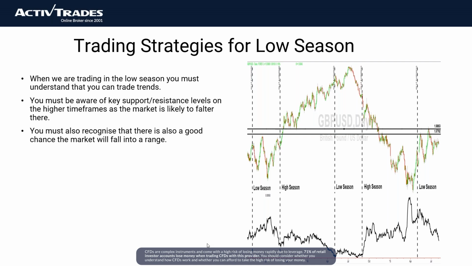Okay. And as we discussed, you also recognize that there is a good chance that the market will fall into a range. So if you are a trend trader and that's the way you like to operate, then trading in the low season, when markets generally tend to range, is when you might find it a challenging period.